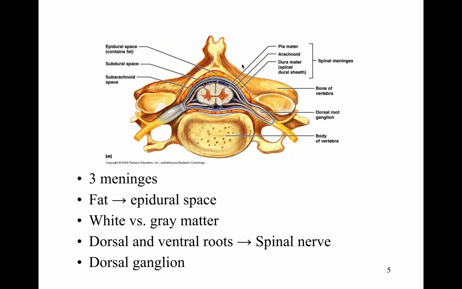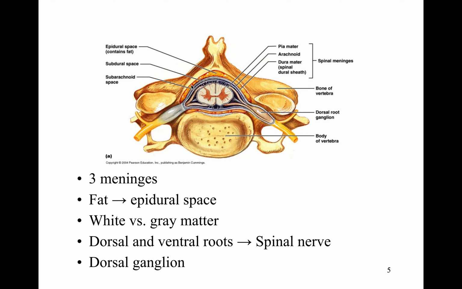So our spinal cord is still going to be protected by three meninges as well as cerebrospinal fluid. It's also going to have another layer of protection, and that's this fat accumulation in what's called the epidural space. So you can see here that we've got our dura mater, but then external to that dura mater, we have this kind of fatty region.